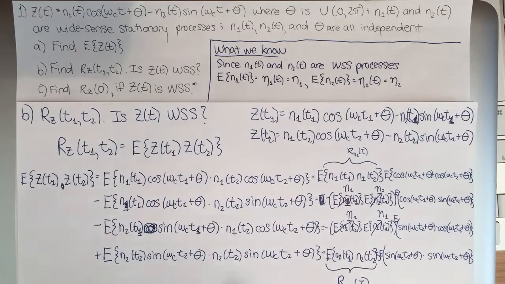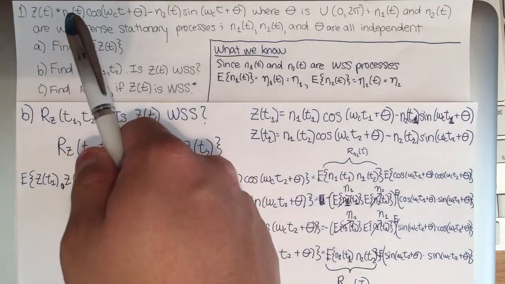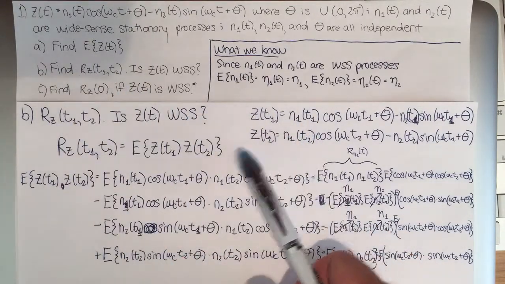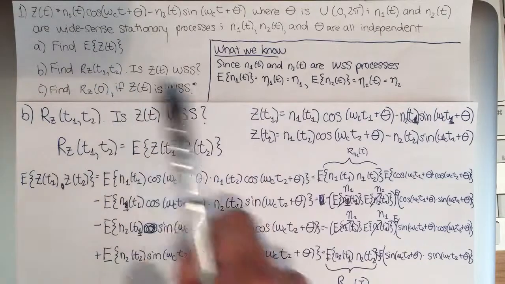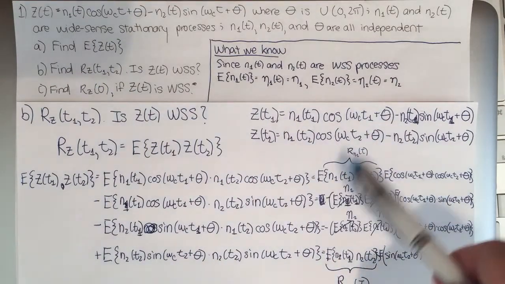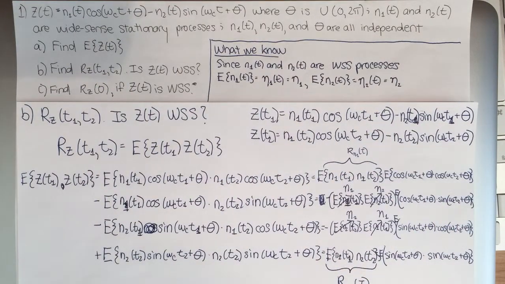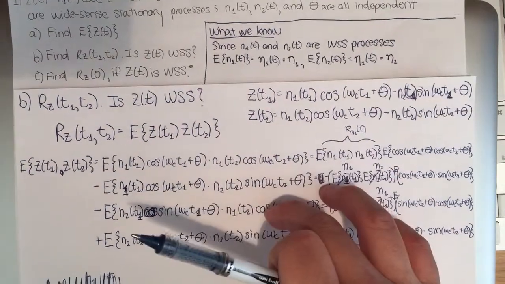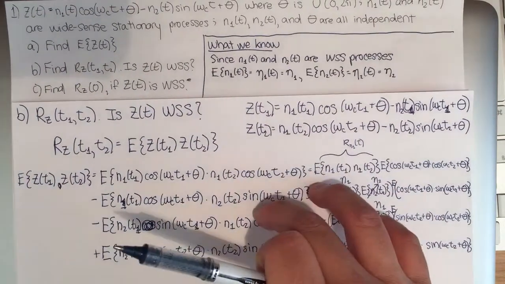In the original function of z of t, for z of t1, you replace every t with t1. Same thing for z of t2, replace every t with t2. Okay, so these are our two functions, and basically it's a lot of work, but we FOIL them out. After I FOILed everything out, if you want to take a moment to maybe pause the video, you can see what I FOILed out.